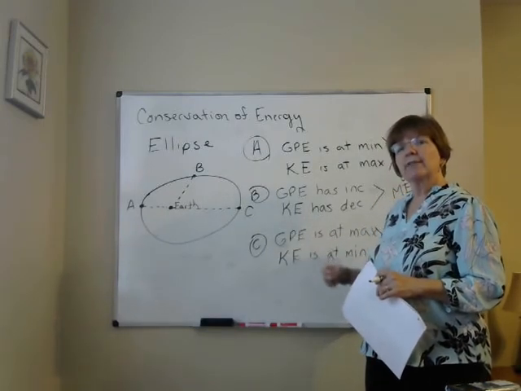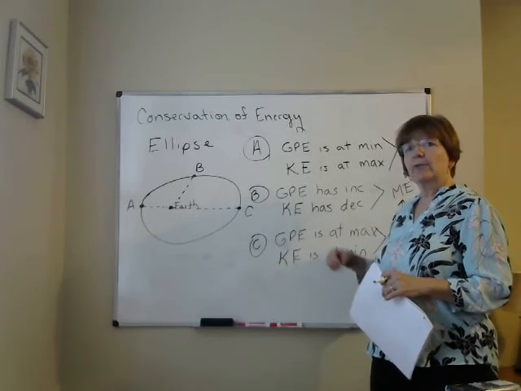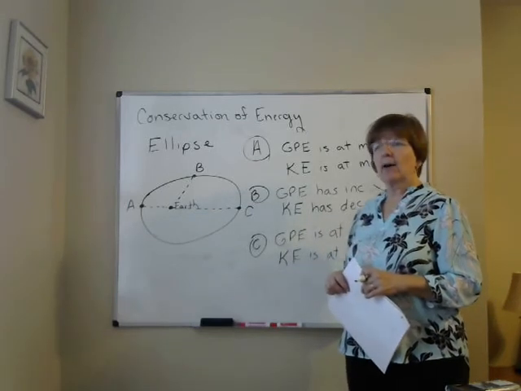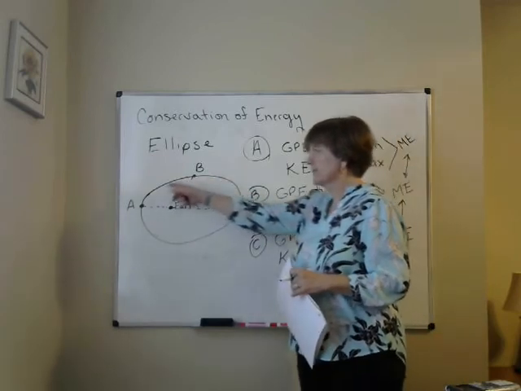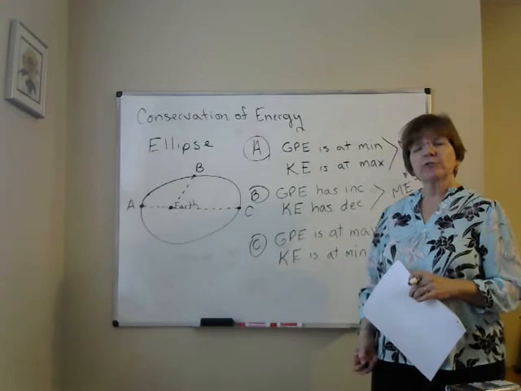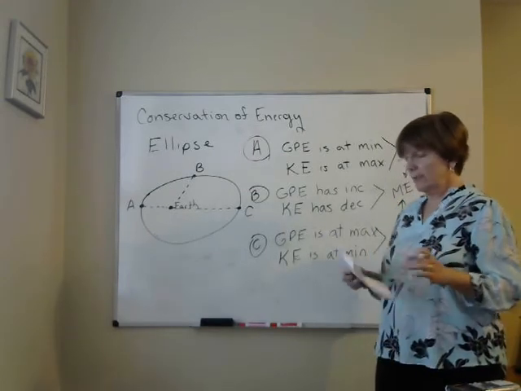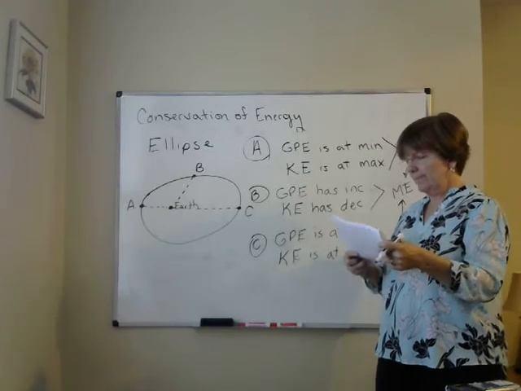But as you get farther away, you're decreasing kinetic energy. If you're getting closer, it's exactly the opposite. As you get closer and closer to the Earth, you're decreasing your gravitational potential energy, but you'll be traveling faster and faster, and that's going to increase your kinetic energy.